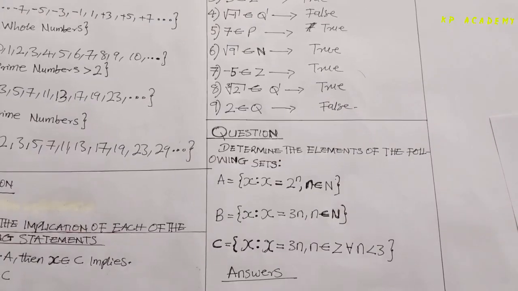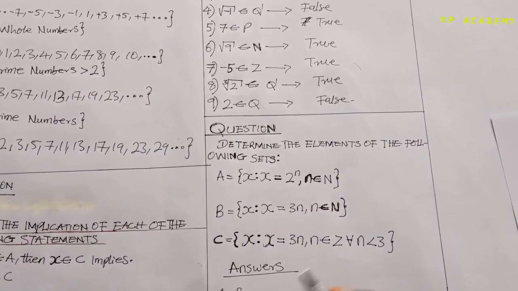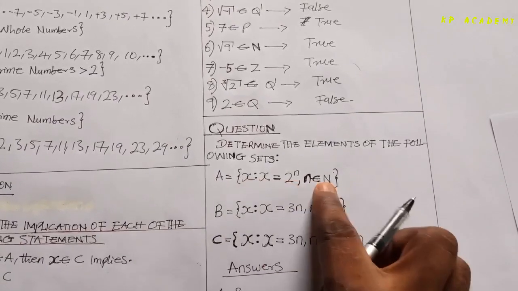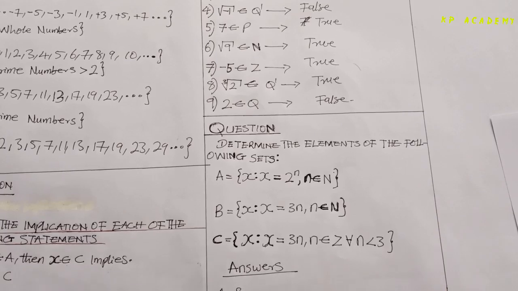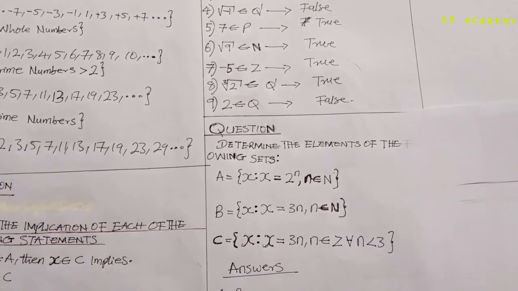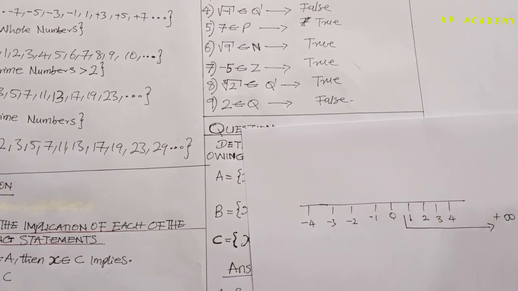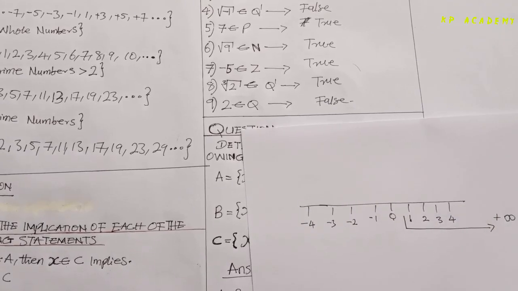So coming to this particular question, we're going to say that A is the set of. Now, the elements that are going to be in here will be the outcome of 2 raised to power any of the natural numbers. So we're going to be starting from 1. Of course, the natural numbers being numbers from 1 up to positive infinity means that it will not really end. It will continue.